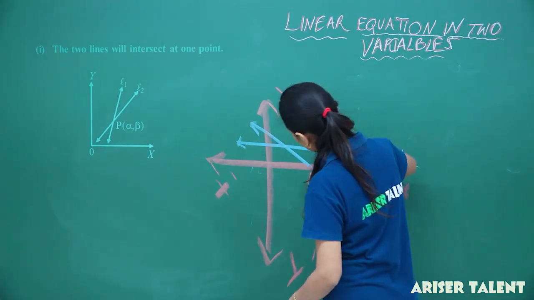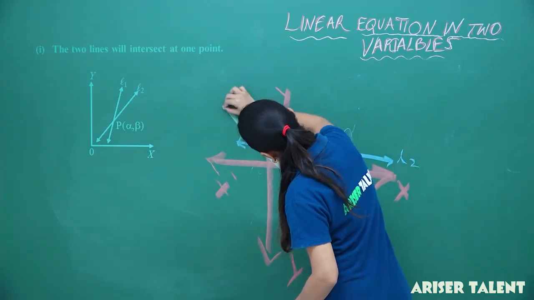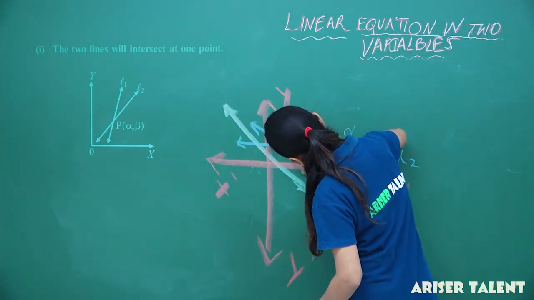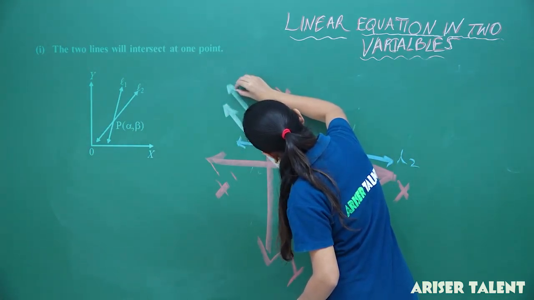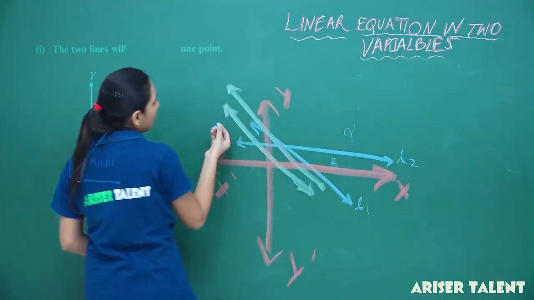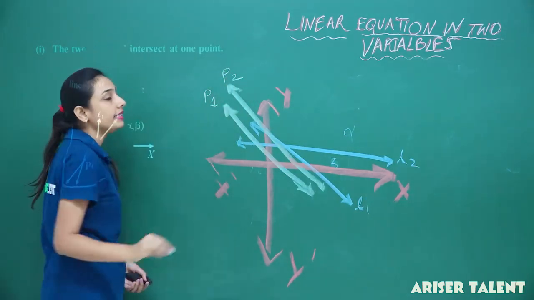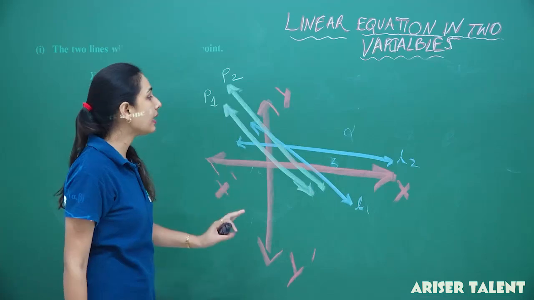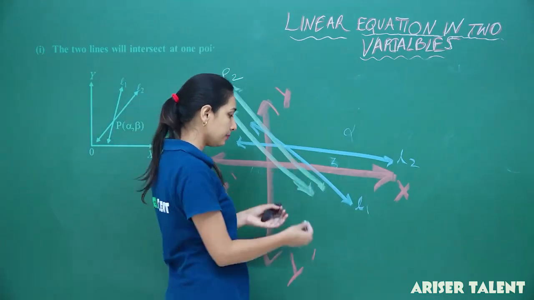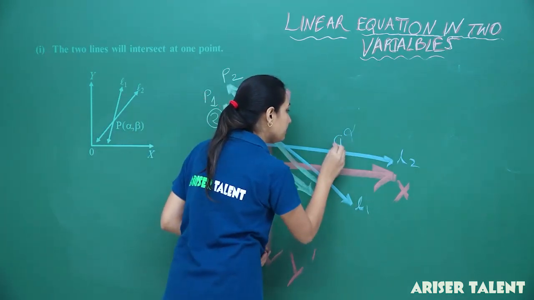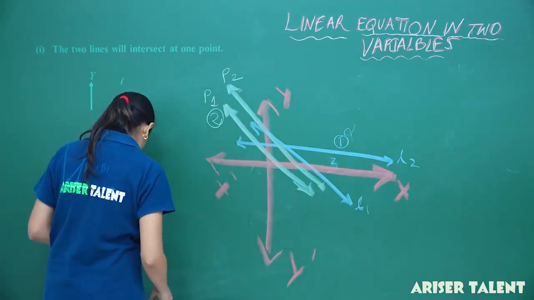Now, second condition: there may be a line, right, and there may be another line. Let's suppose P1 and P2. These two lines are parallel lines. So this is the second condition. The first condition is here, this is the second condition. Now, what can be the third?